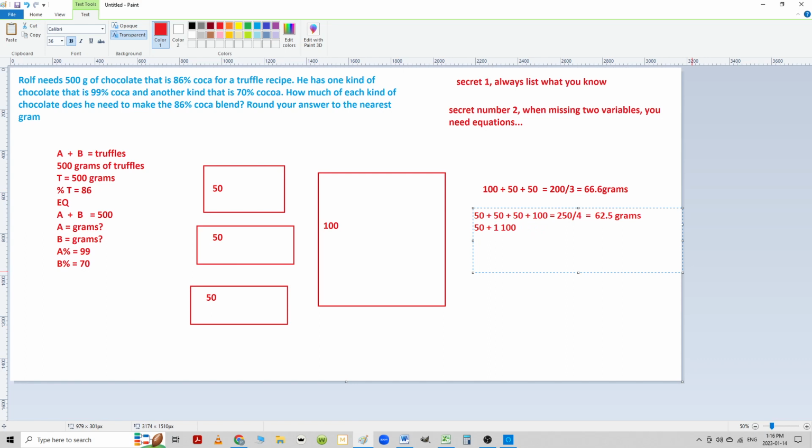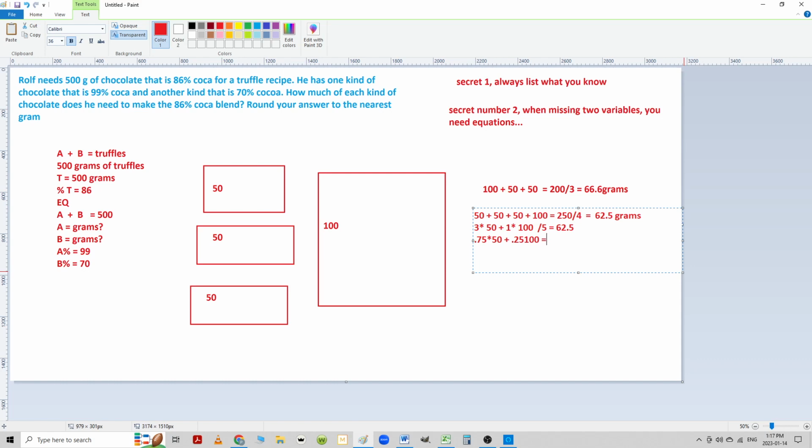I have one 100 box and three 50 boxes. When I add them up and divide by 4, I get 62.5. If I do it with 0.75 times 50, which is 75%, plus 25% of 100, it's got to add up to 100%, 1, times whatever it's going to be.